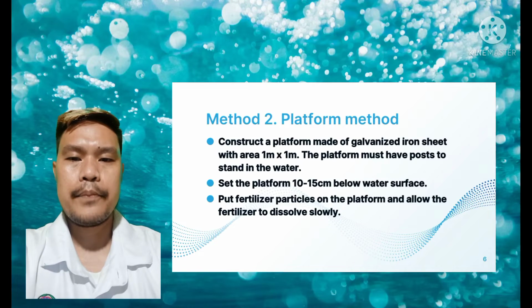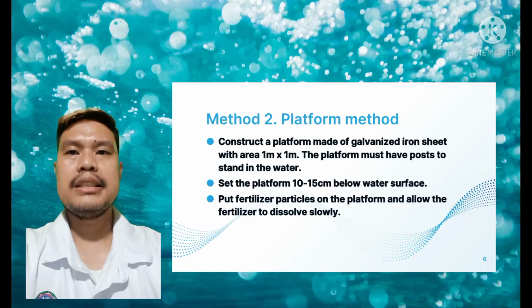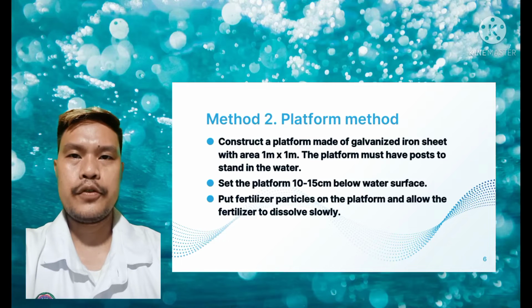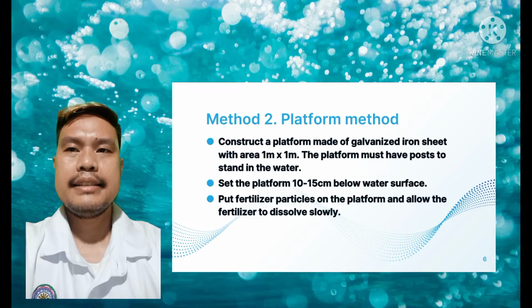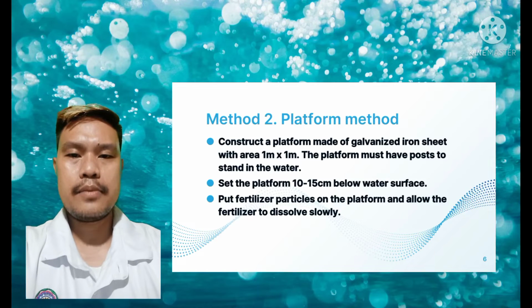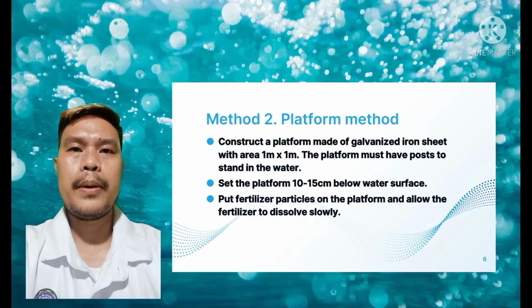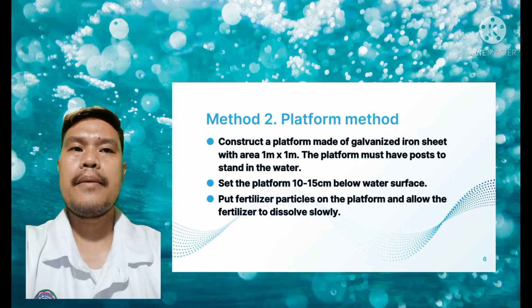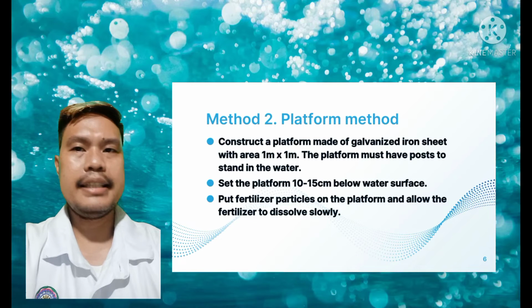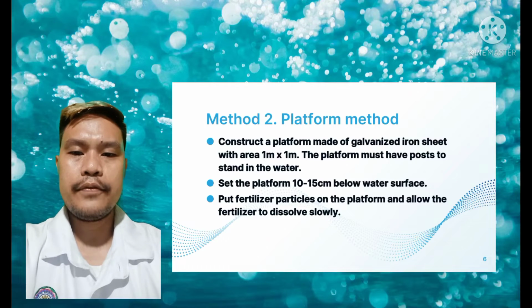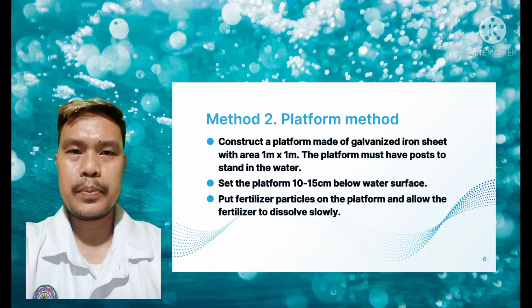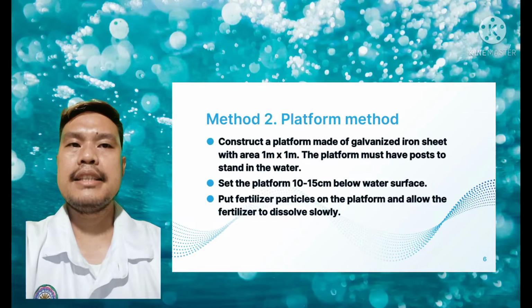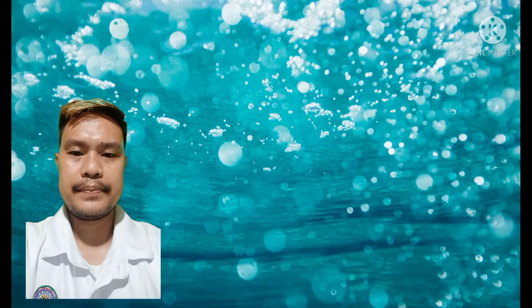Next is put fertilizer particles on the platform and allow the fertilizer to dissolve slowly. Next, the platform must be at a location of the pond where the wave action influenced by the wind can help in the distribution of the dissolved fertilizer. It can also be positioned near the water inlet so that added water will dilute the fertilizer.